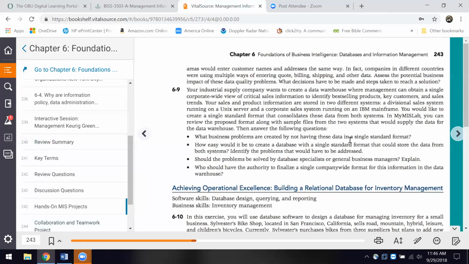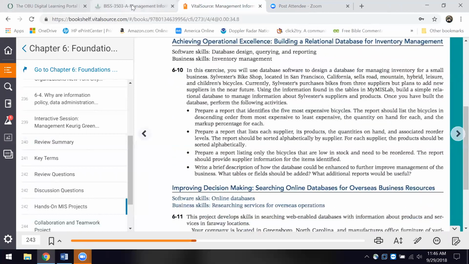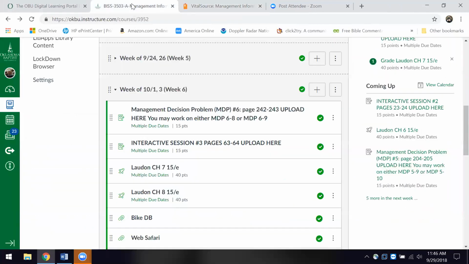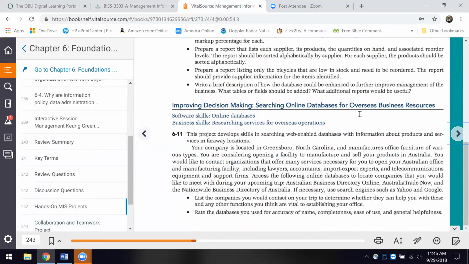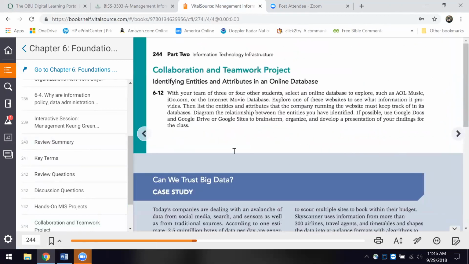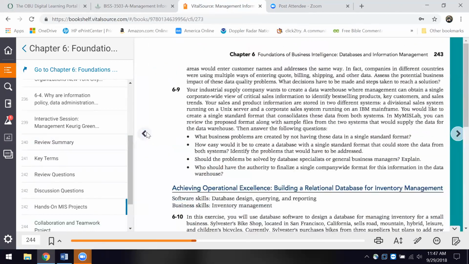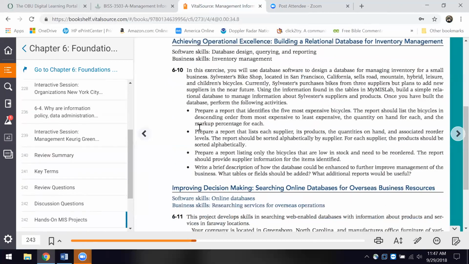So you can use, I think the bike's related to that one. That's 6-9. And I think I said you could do 6-8 or 6-9. If you choose to do 6-10, I'd given you a choice of 6-8 or 6-9.